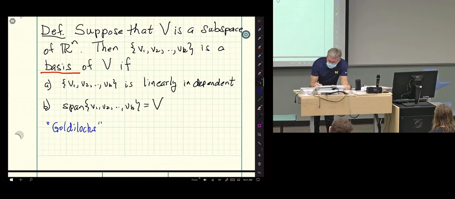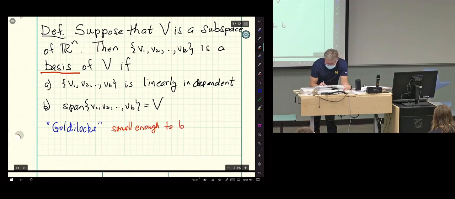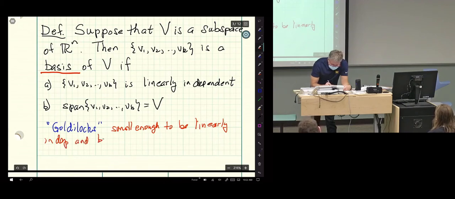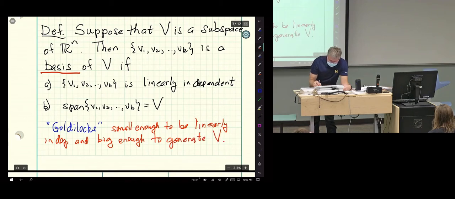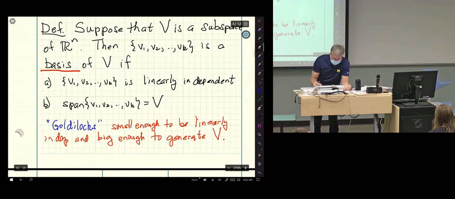Small enough to be linearly independent, and big enough to generate everything in V.